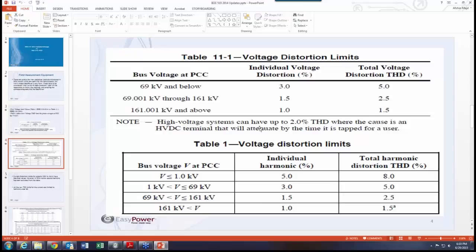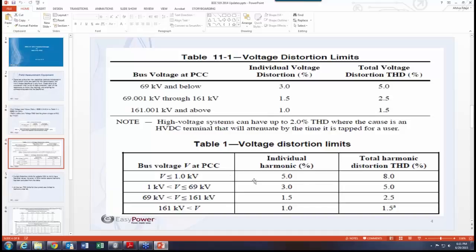High voltage systems can have up to 2% THD where the cause is an HVDC terminal. This is just a note, I'm going to ignore it for now, but this is the equivalent table in 2014. Just compare them side by side. Let's do it together. From 1 to 69, 3, 5, 3, 5, the same. 69 to 161, 1.5 to 2.5, 1.5 to 2.5, the same thing. 161 and above, 1, 1.5, 1, 1.5.